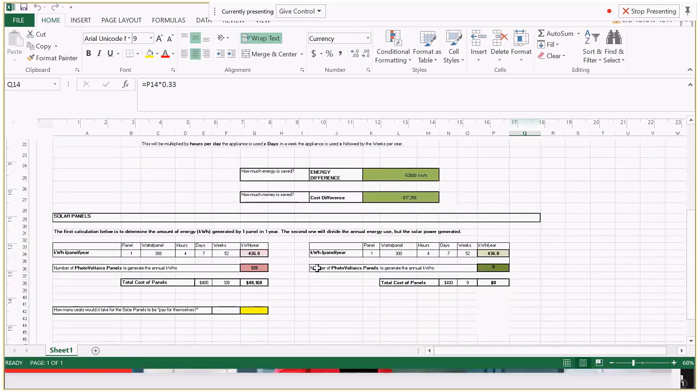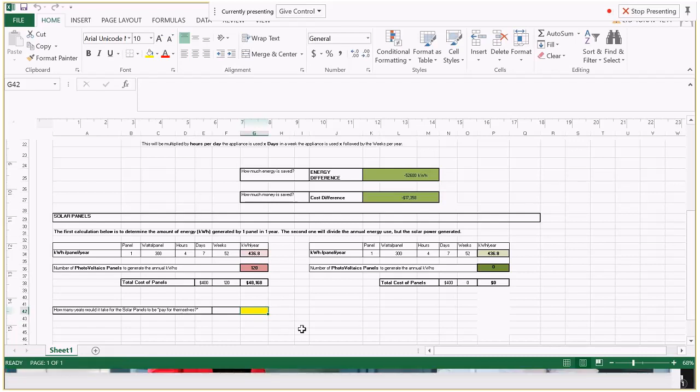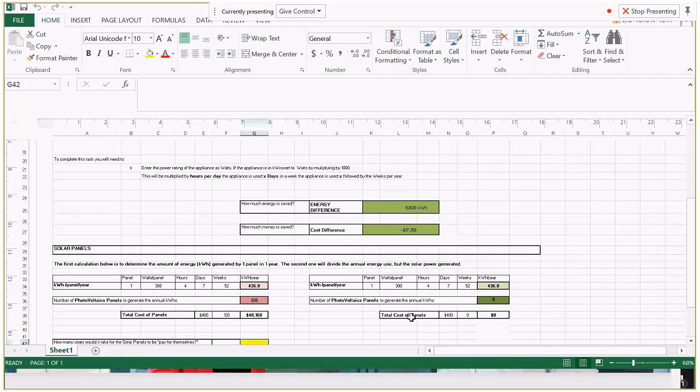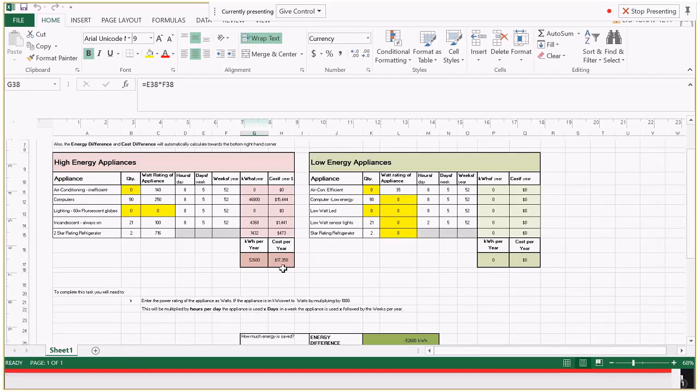The only yellow square you might want to muck around with the formula in is this one, which doesn't have a formula. That is how many years it would take for solar panels to pay for themselves. That is going to be answered by our total cost of panels divided by the cost per year of electricity.